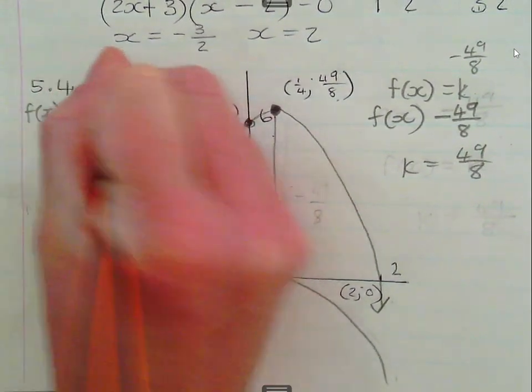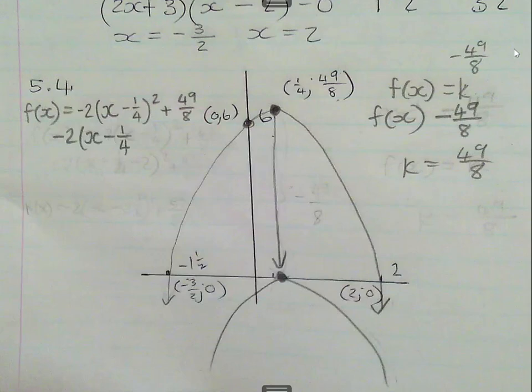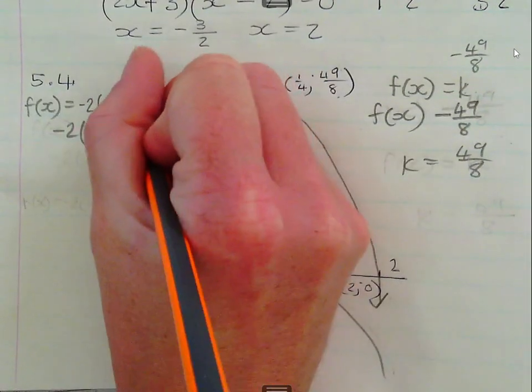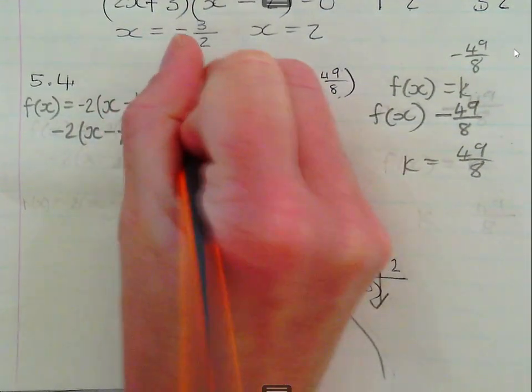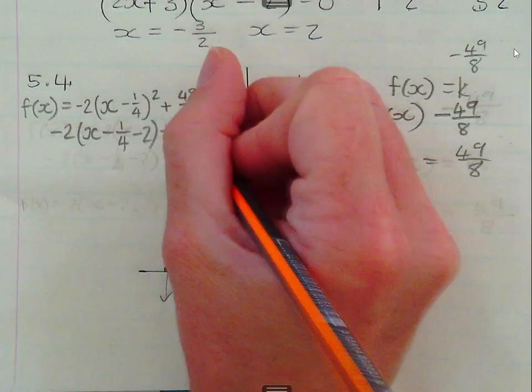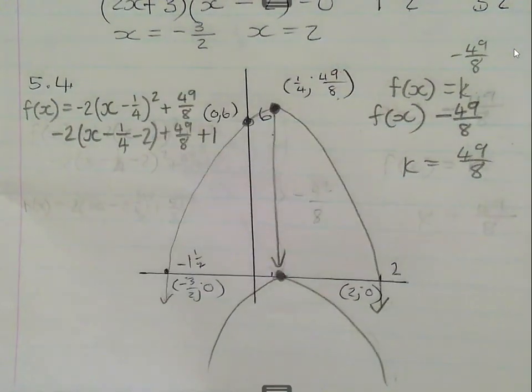But now you know left and right has to do with P. It's the odd one. So 2 units to the right will not be plus 2. It will be minus 2. And then 1 unit up, that will be normal, plus 1.